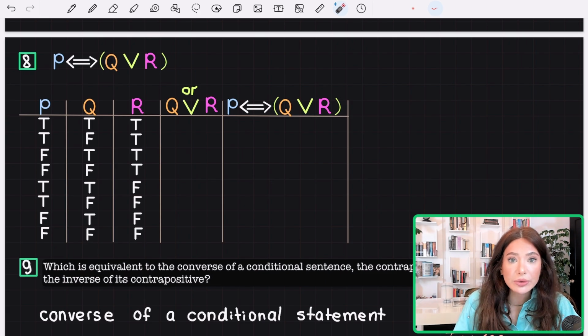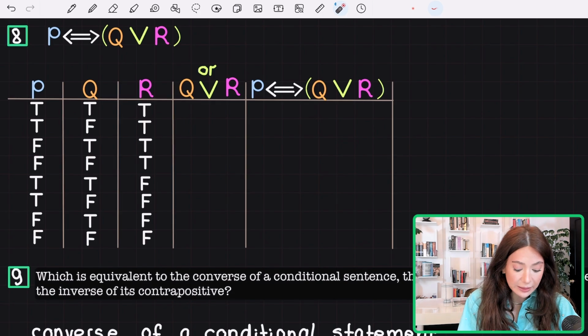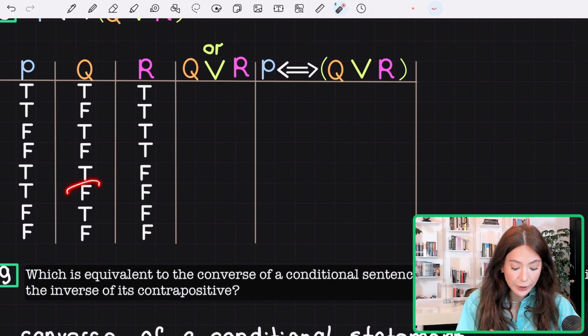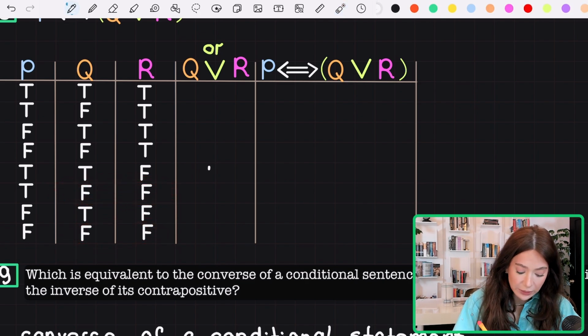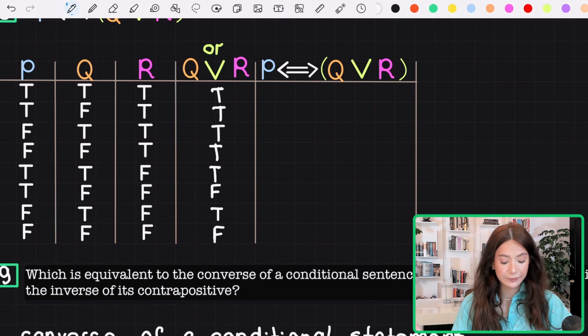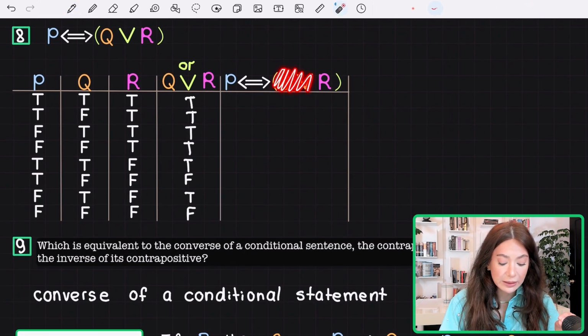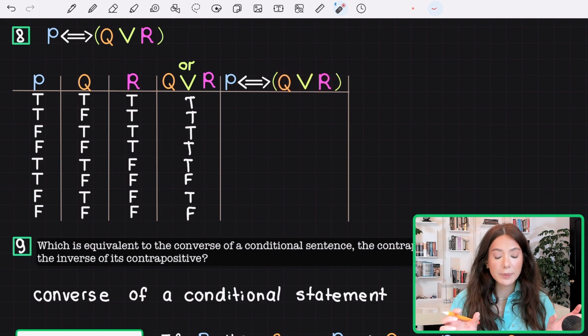Disjunction is true anywhere where either of them is true. Where both of them are true, it's true. It's only false where both are false at the same time. So here and there I'm going to say false, and everywhere else it's true. Autopilot mode.